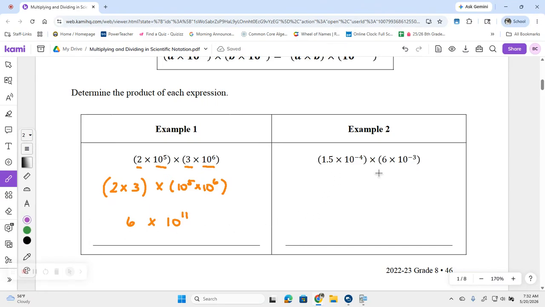1.5 times 10 to the negative fourth times 6 times 10 to the negative third. We're going to multiply 1.5 by 6.